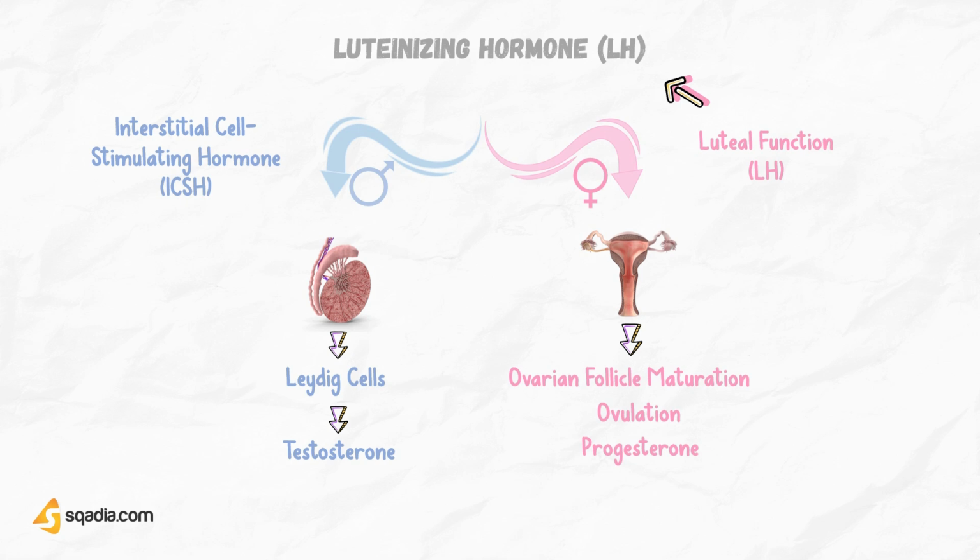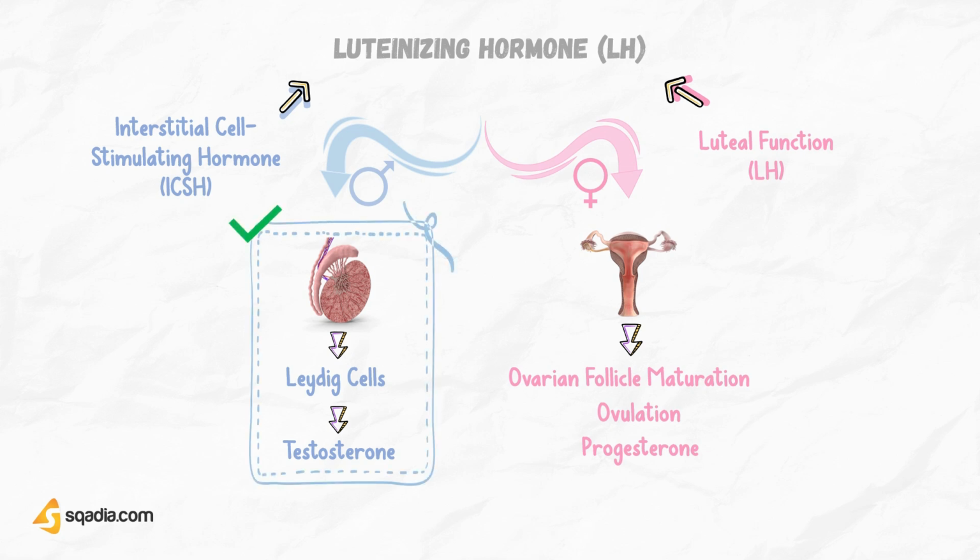But then, the researchers realized that both LH and ICSH are just two names for a similar substance. So, it was a better choice to call them by a common name, luteinizing hormone, or LH for short. Now, let's look at its effects in male testes here.